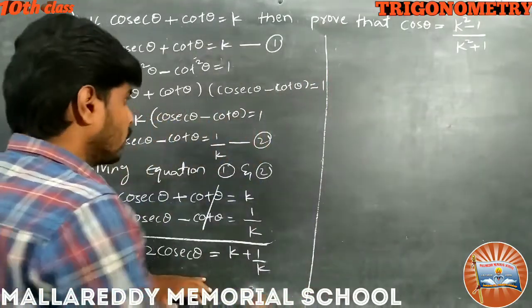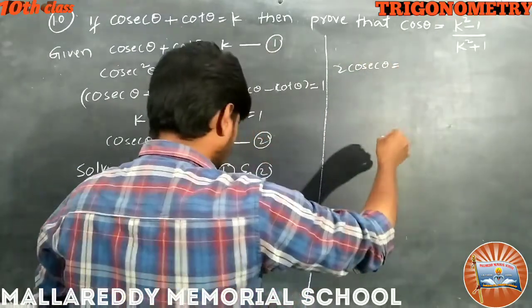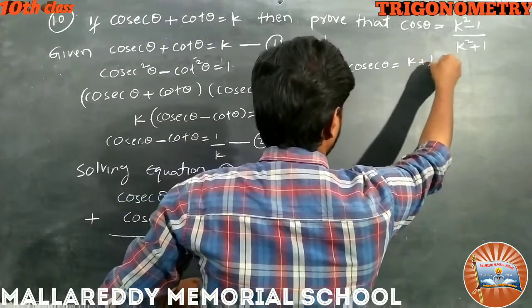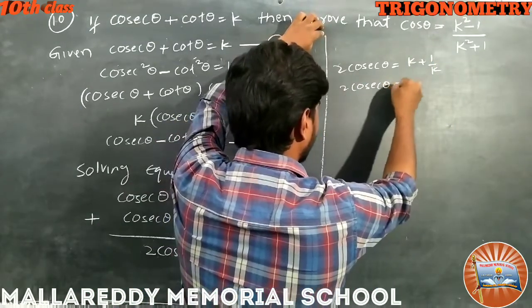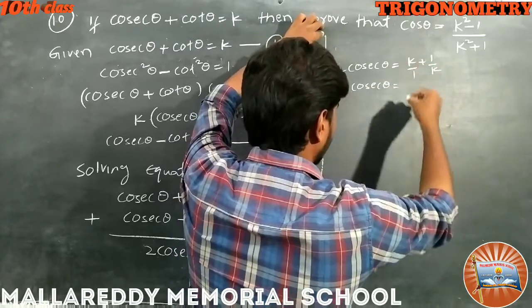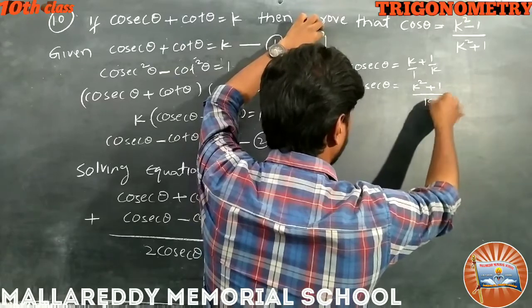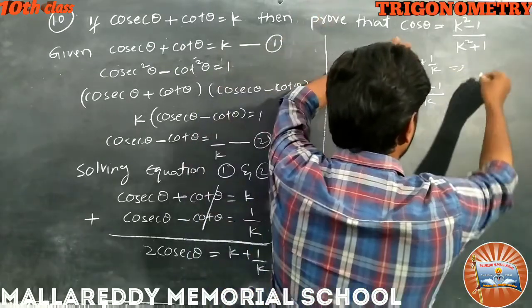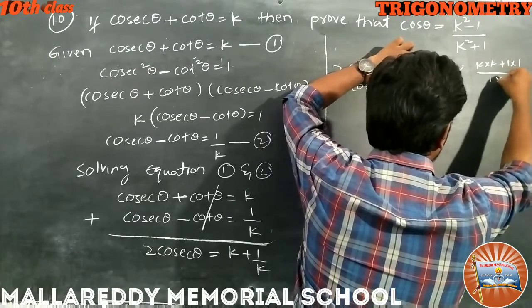So what becomes? 2 cosec theta is equal to k plus 1 by k. So 2 cosec theta is equal to, taking the cross multiplication, k square plus 1 by k. It means k into k plus 1 into 1 by 1 into k.